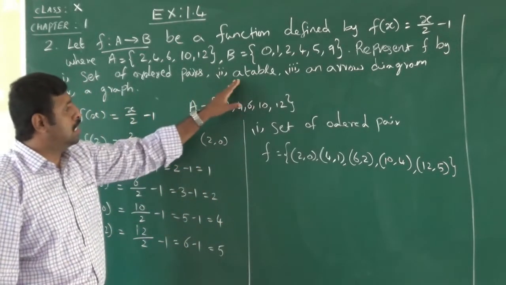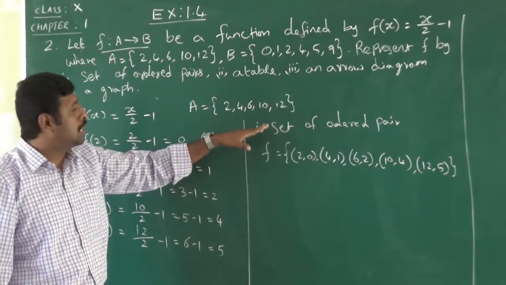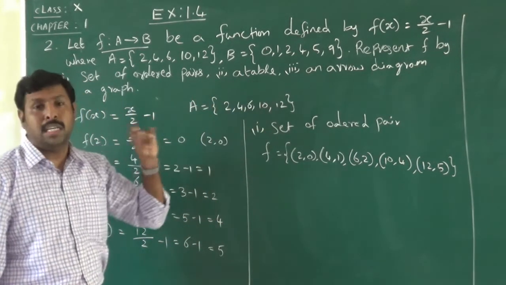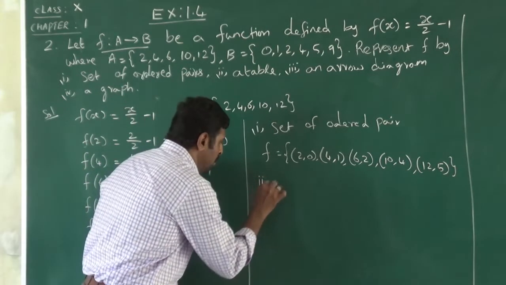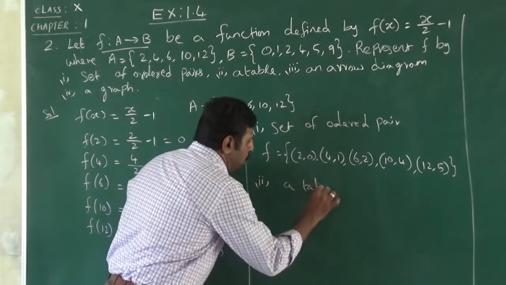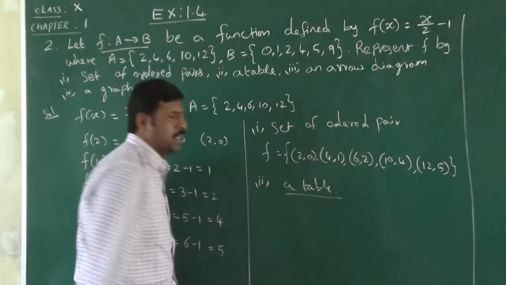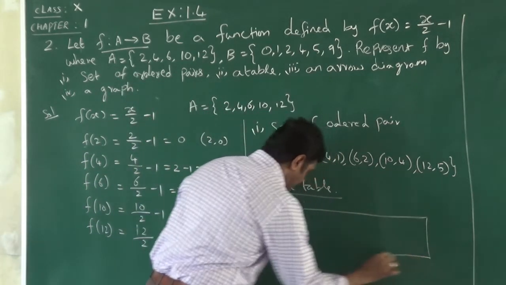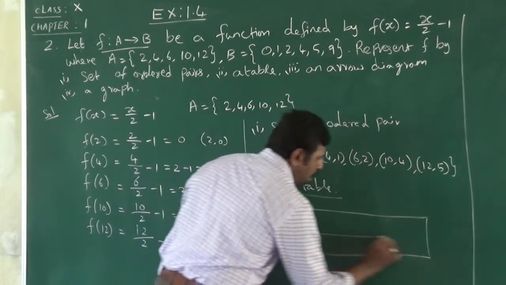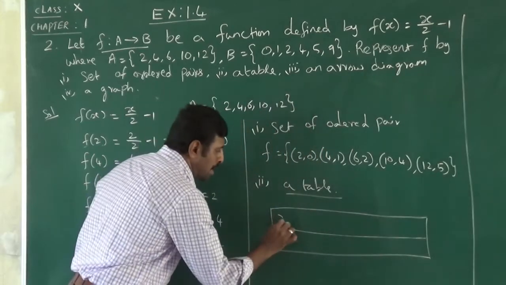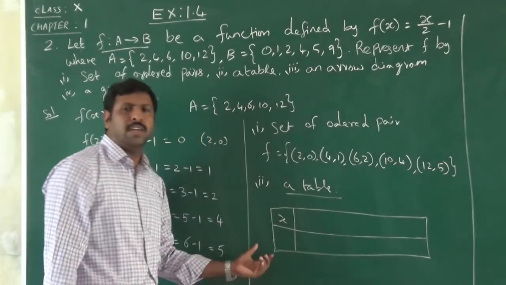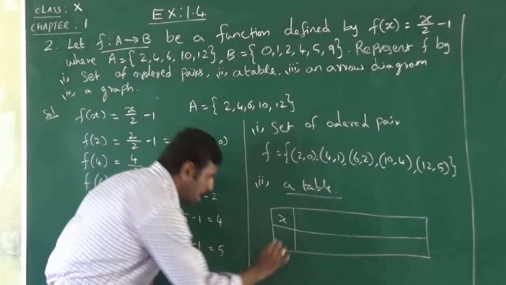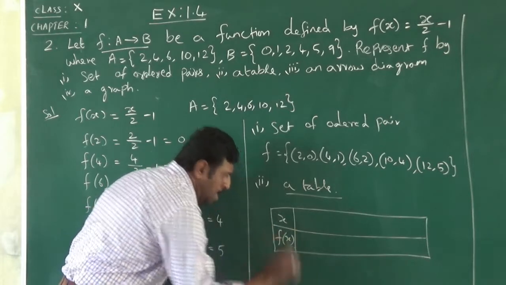Next we want to write the given function in table form. Second one, a table form. In table form, you know that the first value is x and the second value is the function of x, which we denote as f of x.